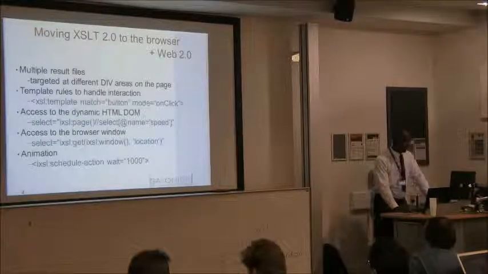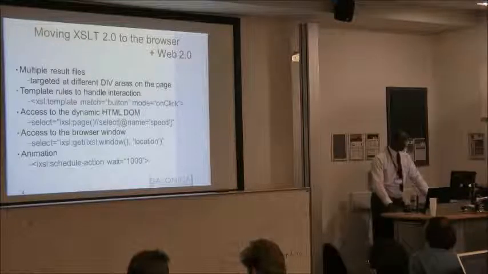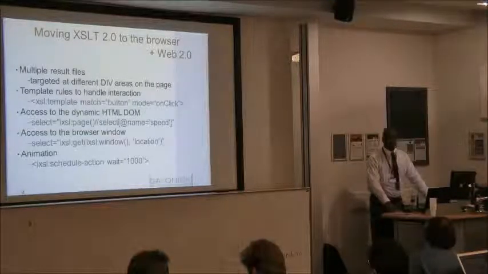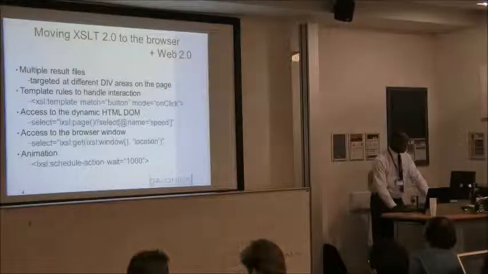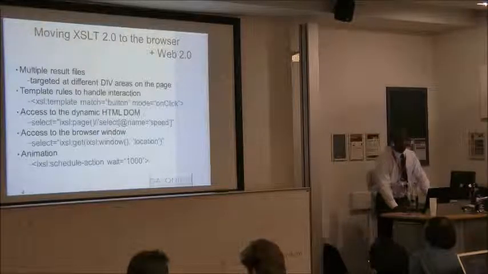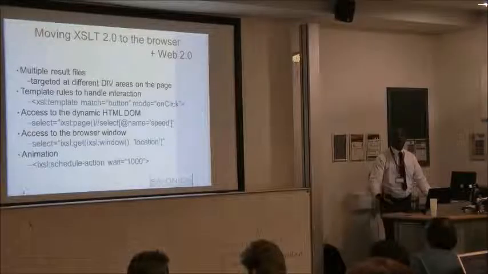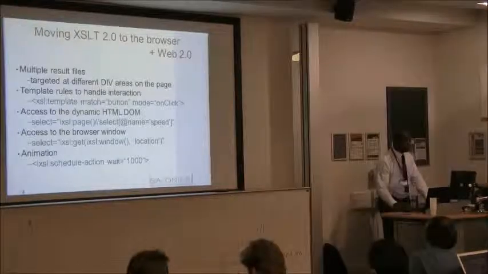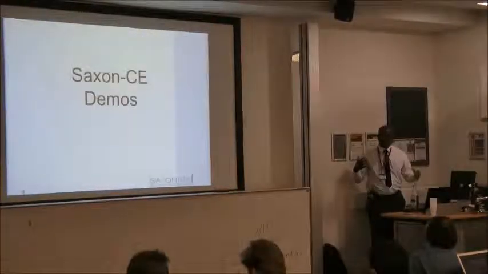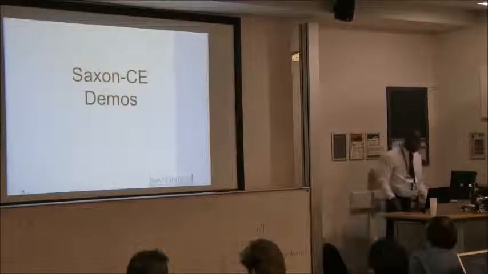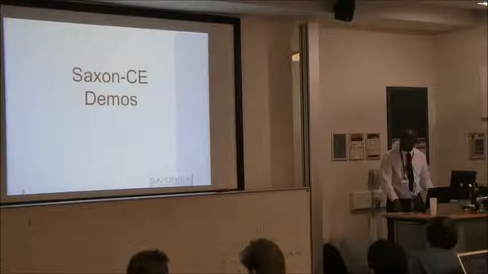Access to the dynamic HTML DOM, access to the browser window, and also support for animation. These are all great things which we would like to do. So we want to bring XSLT 2.0 to the browser and more. There is a lot of Web 2.0 feature-rich interaction that we want to support.